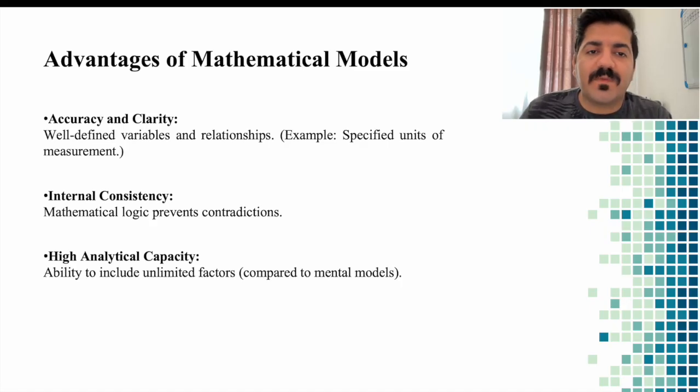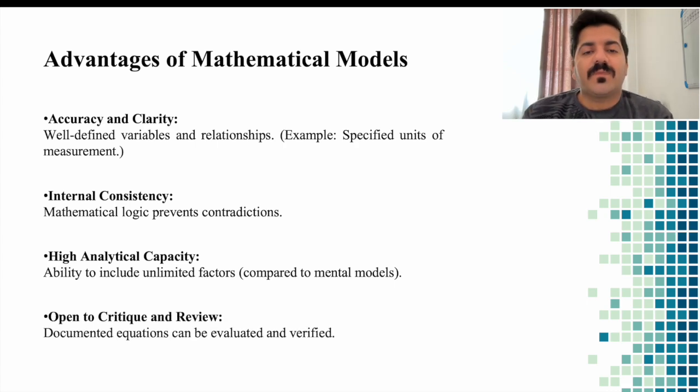Another is high analytical capacity and handling infinite complexity. Process thousands of factors at once. For example, climate models weighing more than 100 variables simultaneously. And the last is openness to critique and review.